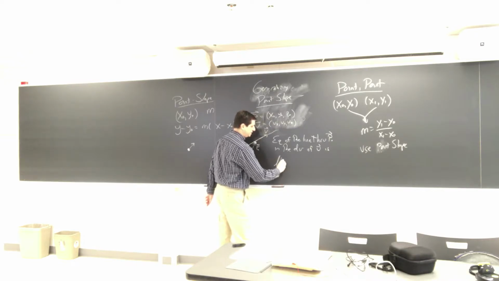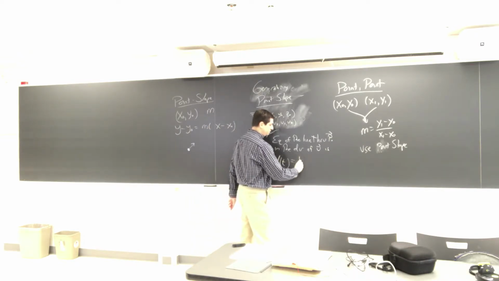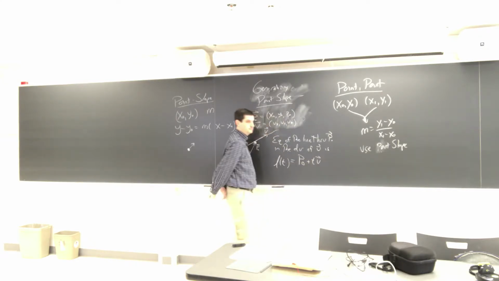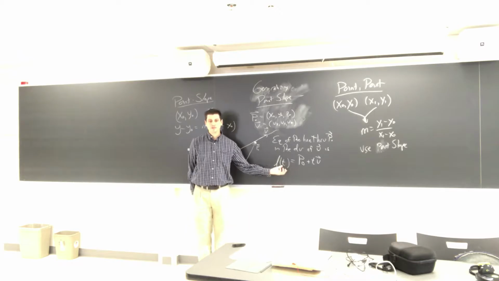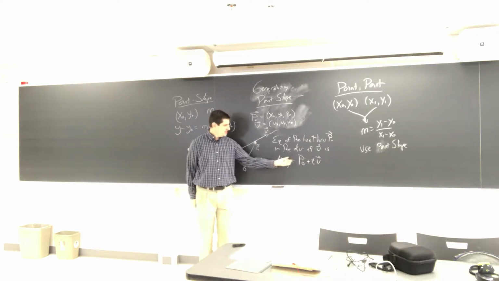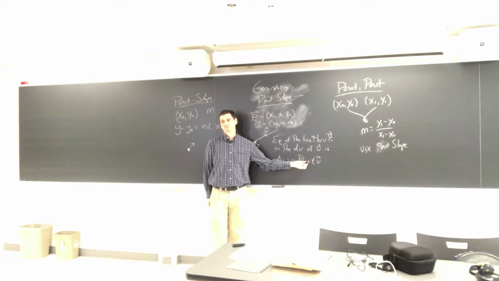It is L of t, so it's going to be a function, P0 plus t times v. So for any value of t, this is going to tell me where I am. What is the easiest value of t to study? 0. And if we take t equals 0, we get back that L of 0 is P0.